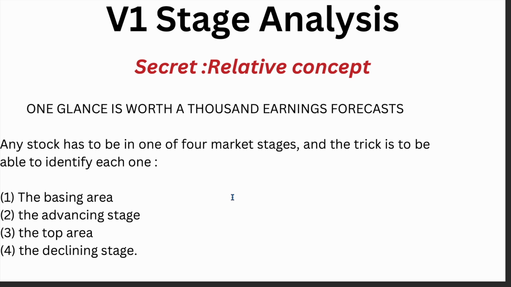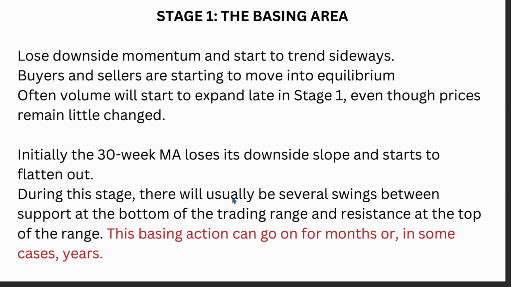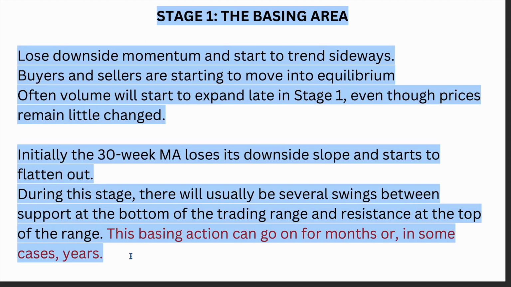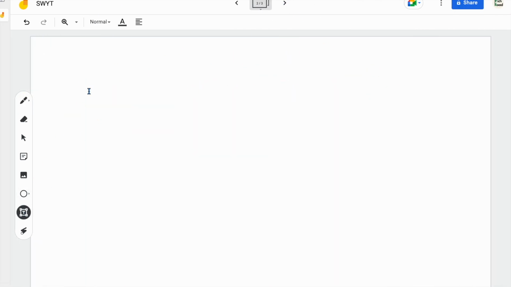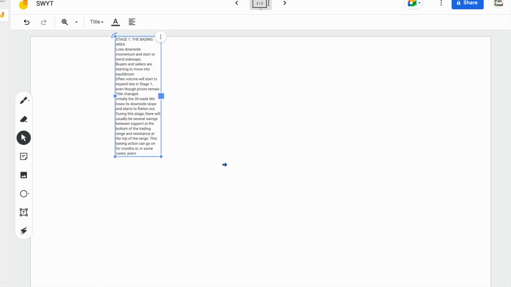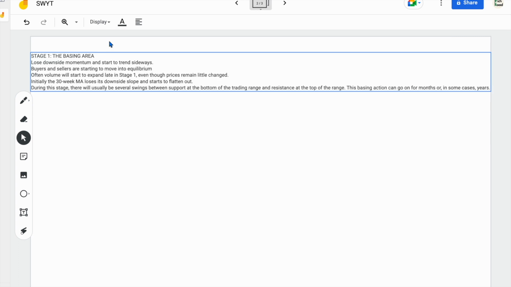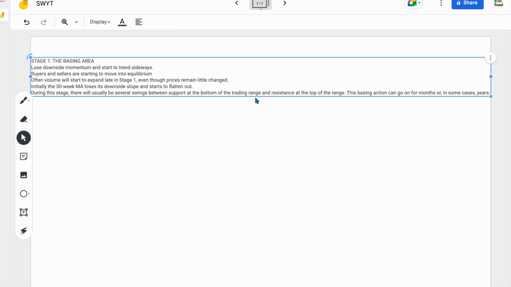So now let's see some of the details of stage 1. Let me take everything off the slide. By the way, the slide is available for you to download in the description below. So let's make use of the slides here. Let's paste everything here so that it's better visible to you and we can have a better understanding of everything.